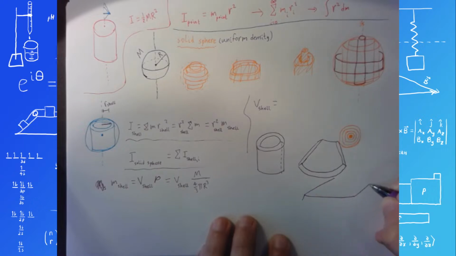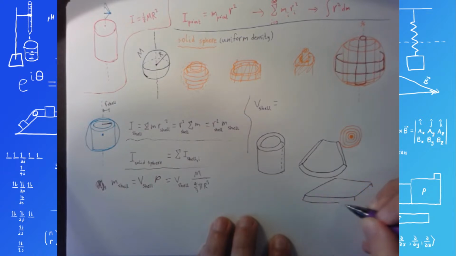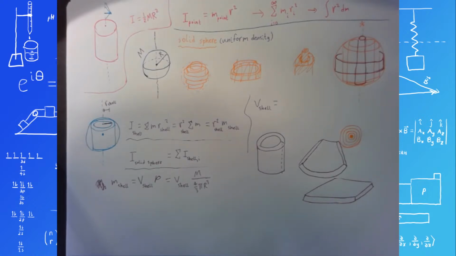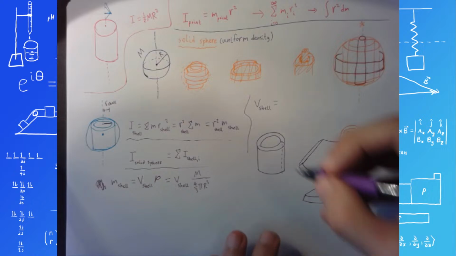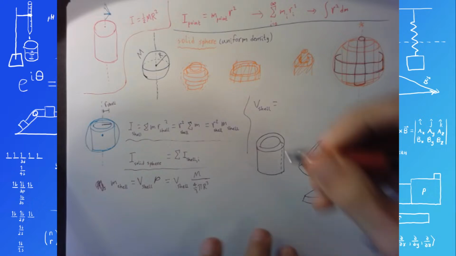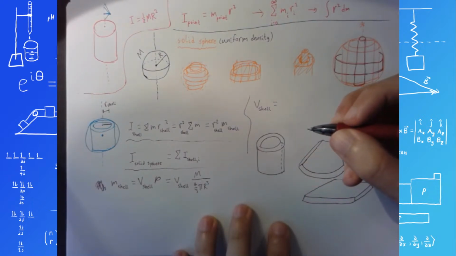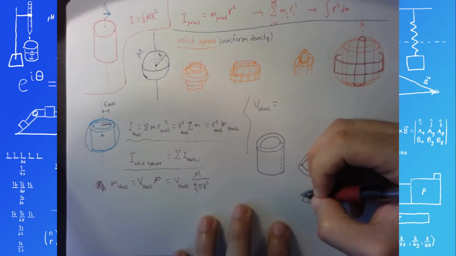I guess I should have drawn that a little further away. So this is still a curved surface over here, but close enough to being flat, as long as the thickness isn't too big. And I won't go over exactly how this plays out.